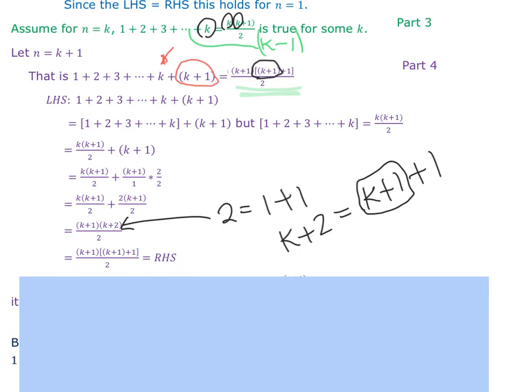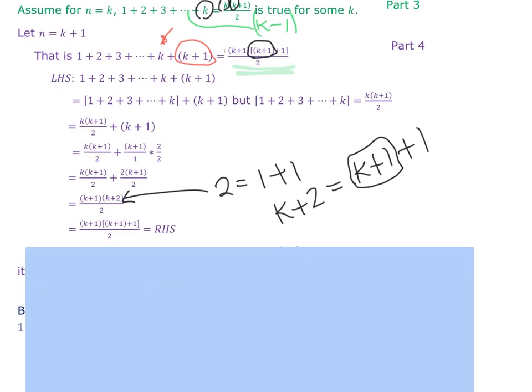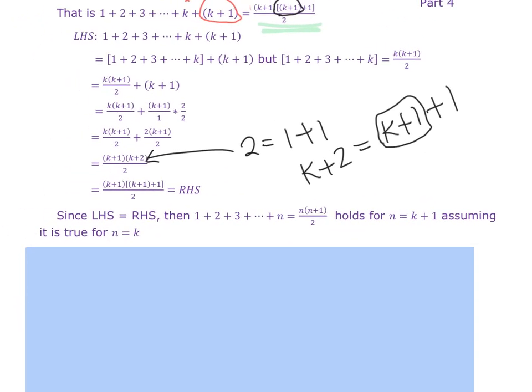So by manipulating just the left-hand side, I have the right-hand side. Because the left-hand side is equal to the right-hand side, then the equation that I was hoping to prove, 1 plus 2 plus 3 all the way up to n equals n times n plus 1 divided by 2, holds for n equals k plus 1, assuming it holds for n equals k.